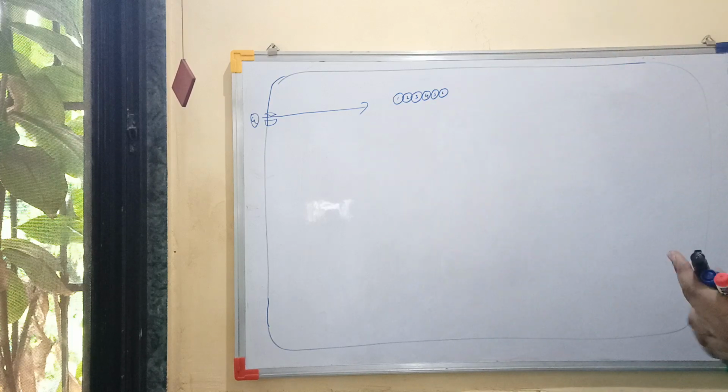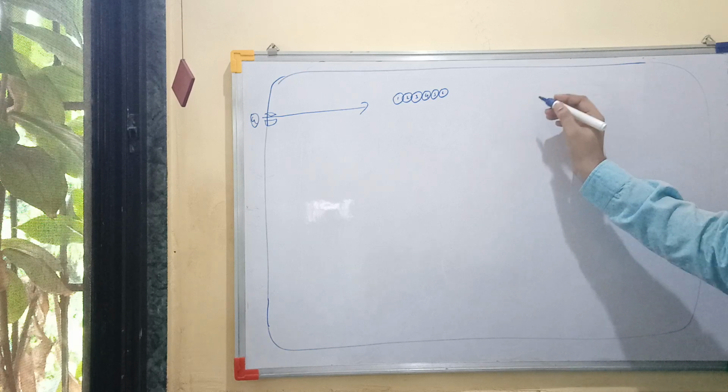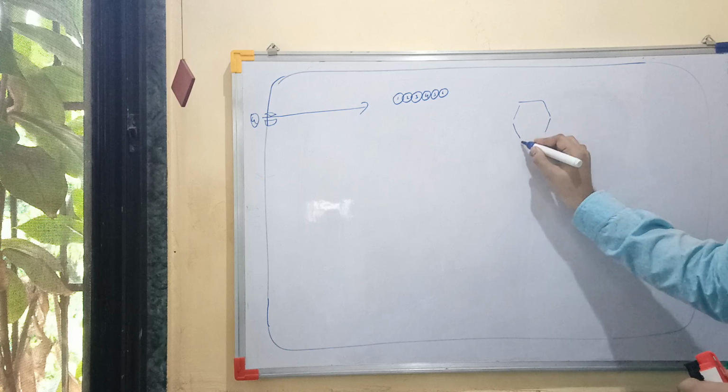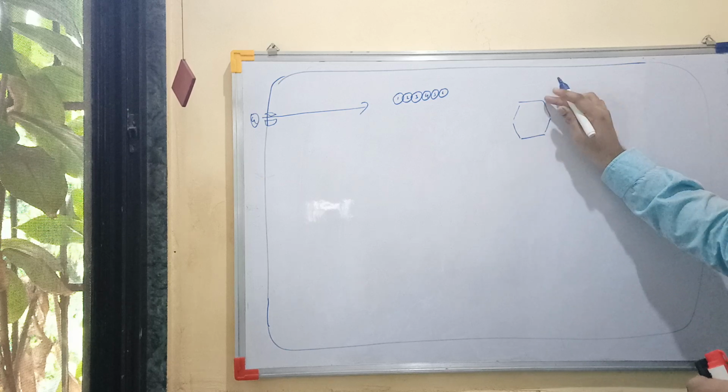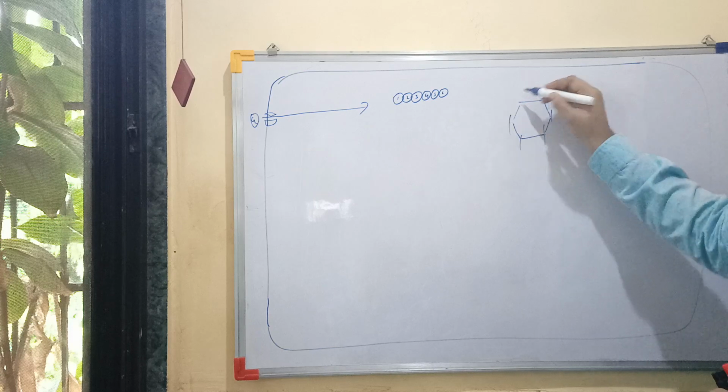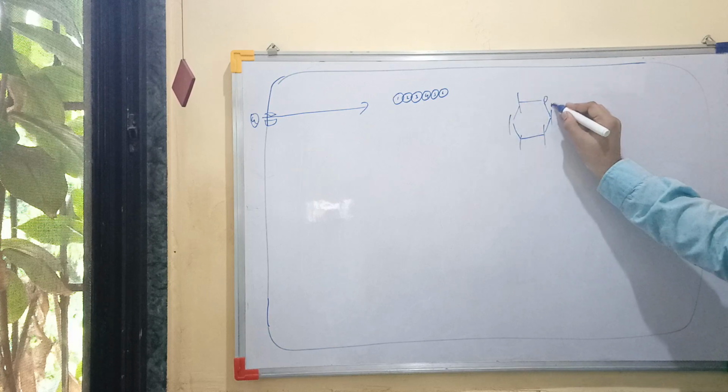Of course, we can draw glucose like this also, the real molecular structure of glucose, and it's also very easy, something like this. We have an O group.